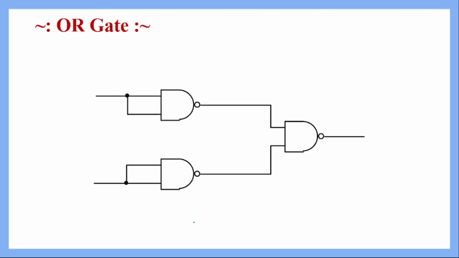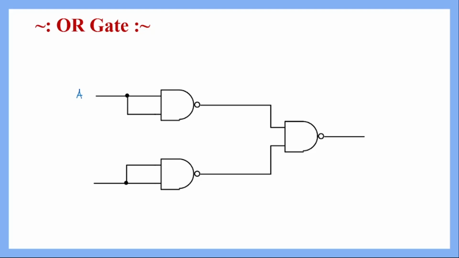Next we will implement OR gate by using NAND gate. Here, as we can see, we are using three two input NAND gates. In the first NAND gate, we will take one boolean variable as one of the inputs, because finally we will be implementing a two input OR gate.